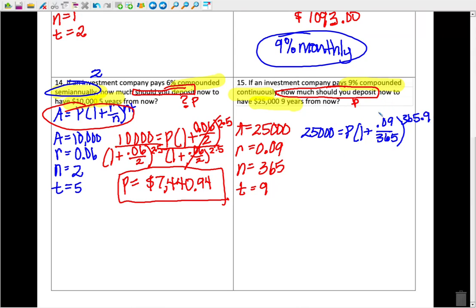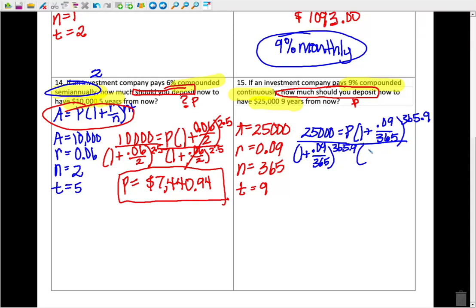Again, if we want to get rid of this entire expression right here that's multiplying the P, I'm going to divide both sides by this expression. So I'm going to divide 1 plus 0.09 over 365, and that's 365 times 9.